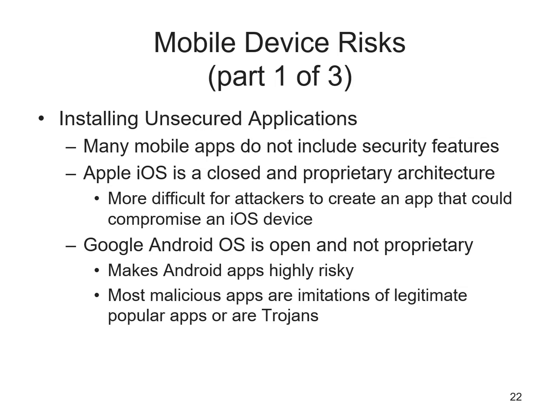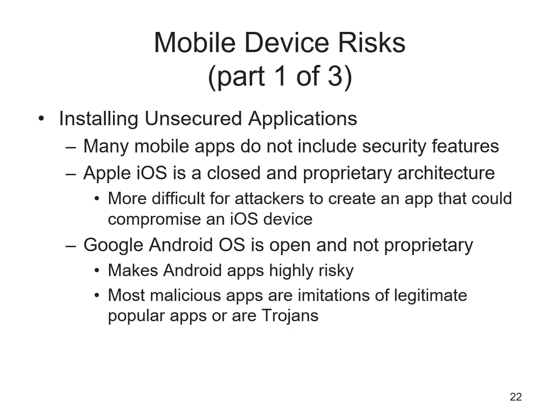Same goes for Apple iOS. They have their own Apple Store through which you can download the applications, which are quite authentic. Apple iOS is a closed and proprietary architecture, making it more difficult for attackers to create an app that could compromise the iOS device. But if you have jailbroken the iOS of your iPhone, there are high chances that it can be compromised as well.